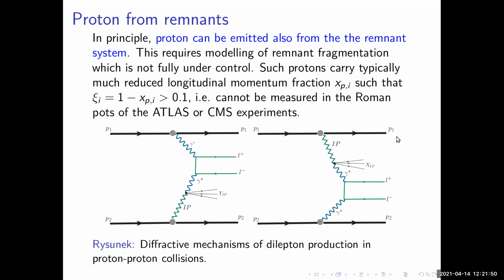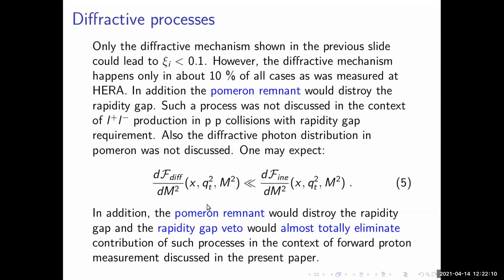However, such processes produce Pomeron remnants, which would appear in the main detector, and I think such processes can be discarded, although they were not really calculated. I want to say that there are also diffractive photon distributions, which we think are much smaller than the usual inelastic photon distributions, but honestly, this was never calculated so far.